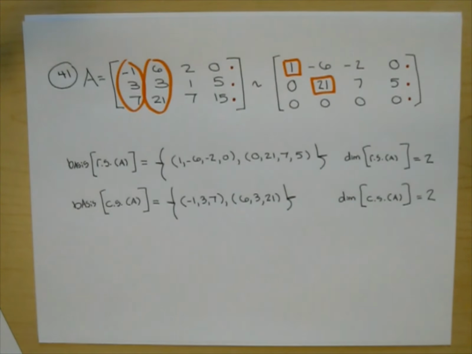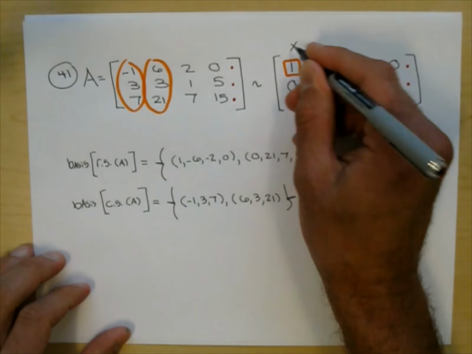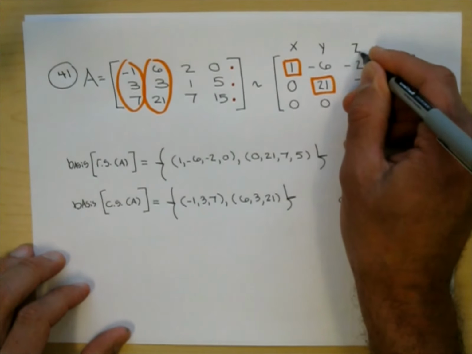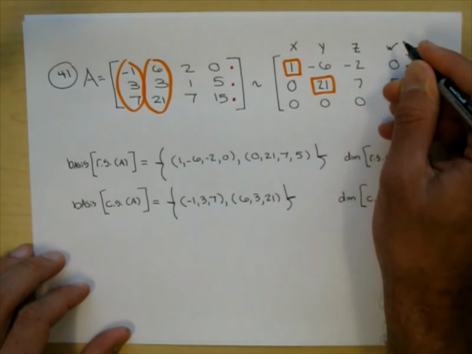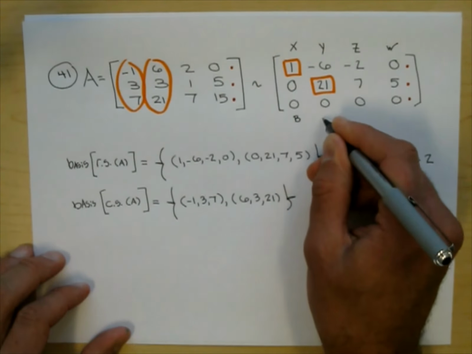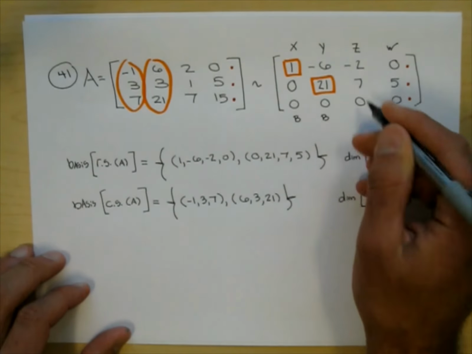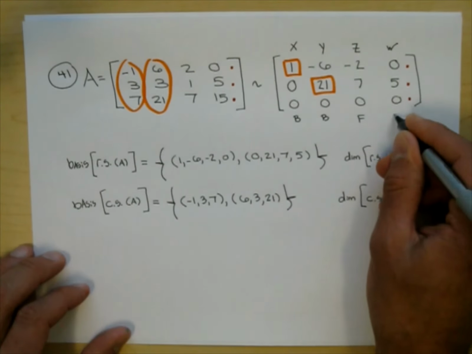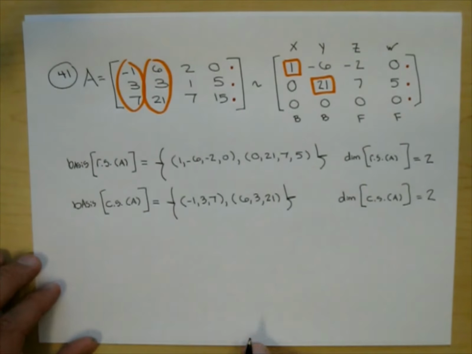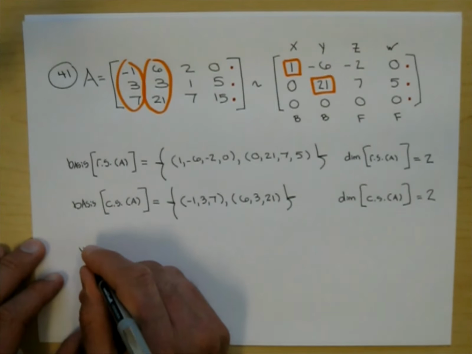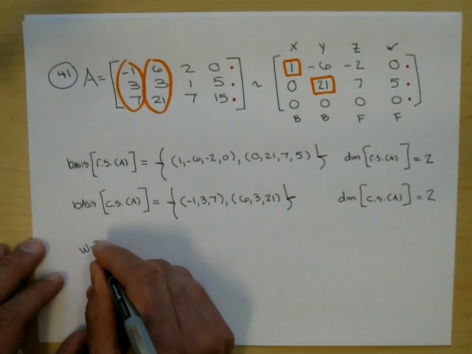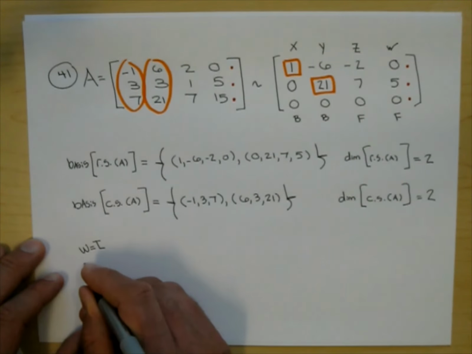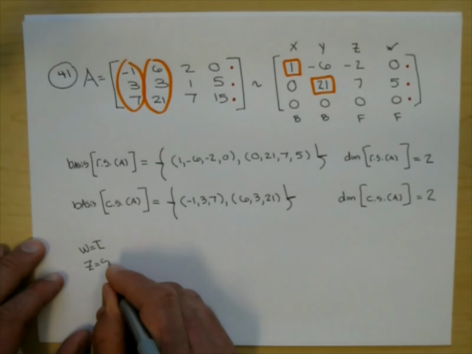And what I have here is I have to come up with some variables, and you know me, I'm going to come up with X, Y, Z, W. X and Y are both bound. Z is free, and so is W. So I'm going to say W equals T and Z equals S.